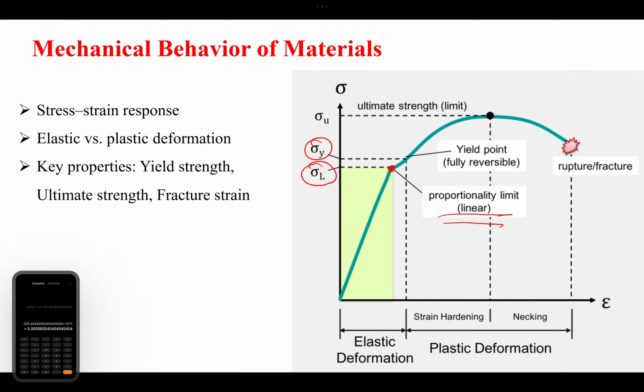Then we talked about the yield strength, up to which the body is fully reversible. Finally we move on to the ultimate strength, which states the maximum stress the body can take. Beyond that you cannot apply more, because once you reach it, the body will start to deform, create a neck, and at the end it will fracture.